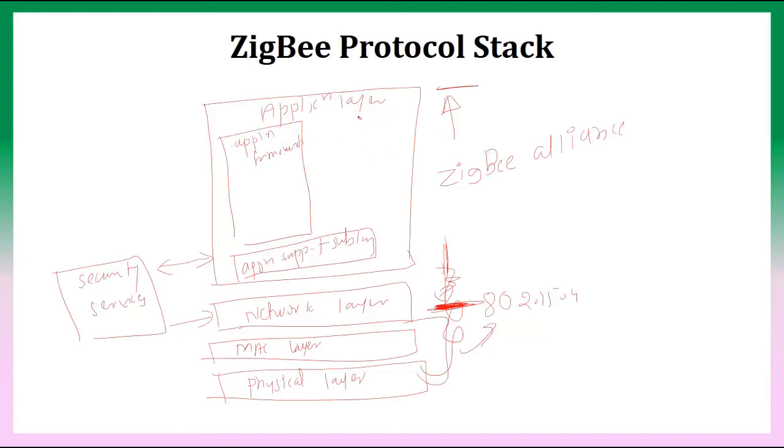Then there has to be the ZigBee device object. Okay, and one more important parameter I had forgotten, APO 1 till APO 240. I'll explain these things one by one.